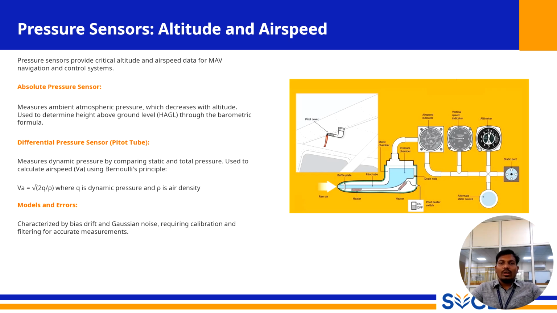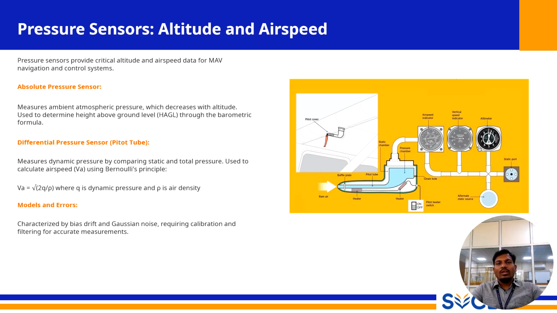The sensor bias can drift with changes in temperature, and its output will always contain a degree of random noise. For this reason, the sensor requires calibration and filtering for accurate measurement.